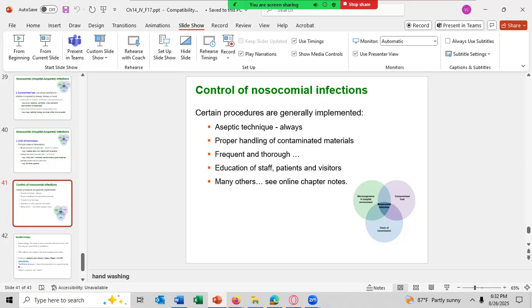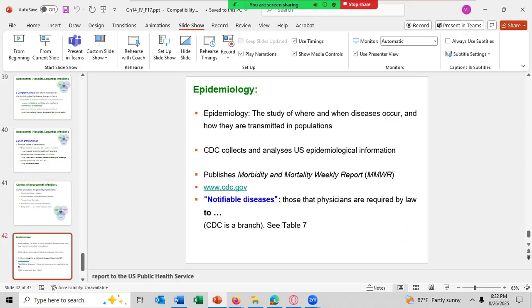All right. A few terms of epidemiology we need to know about, and a few topics. Epidemiology: the study of where and when diseases occur and how diseases are transmitted in populations.